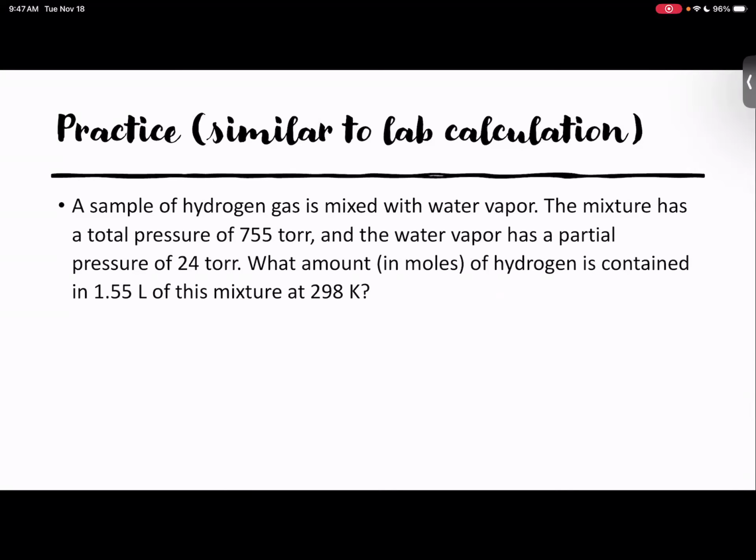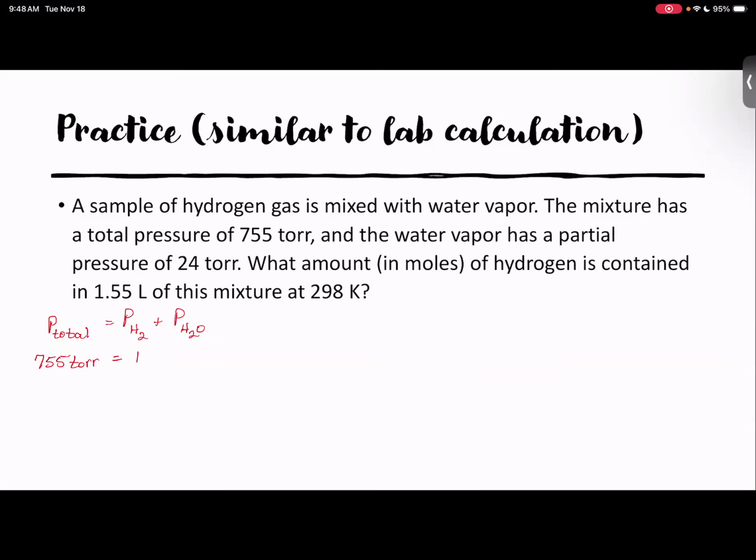Okay, I have two gases. I have water vapor and I have hydrogen gas. So I'm going to be using P total is equal to the pressure of the hydrogen gas plus the pressure of the water vapor. We're told that P total is 755 torr.